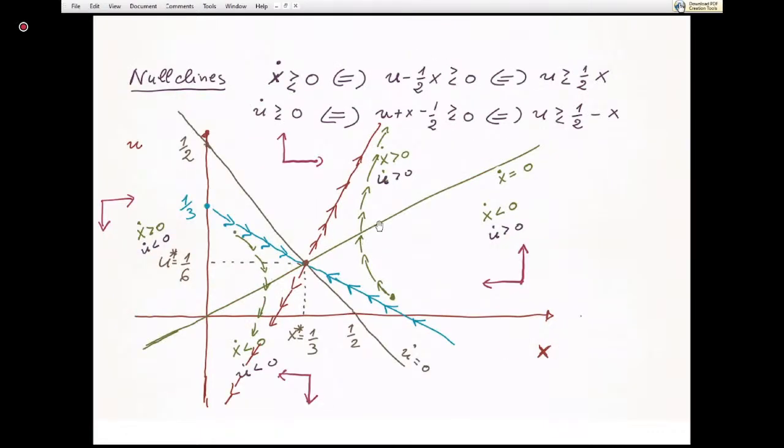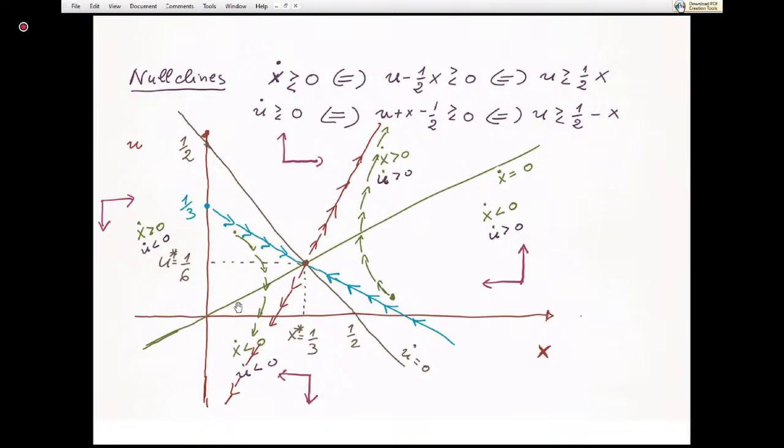U equal to 1/2 x. So this is the new line x dot equal to 0, the green one. What about the other one? This is u equal to 1/2 minus x. It is this one.